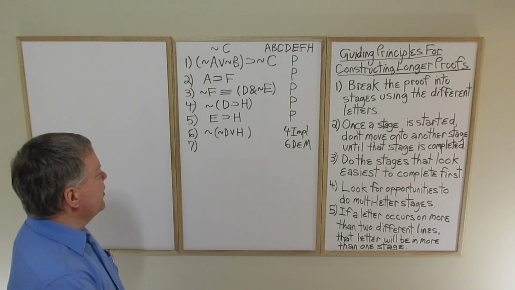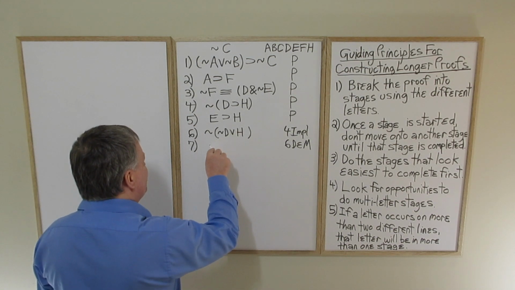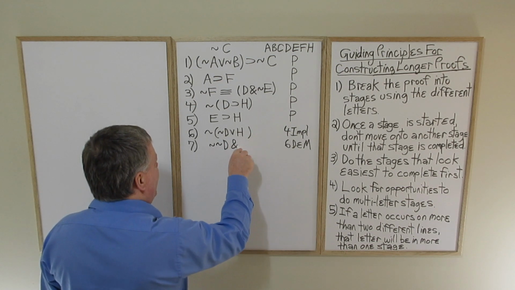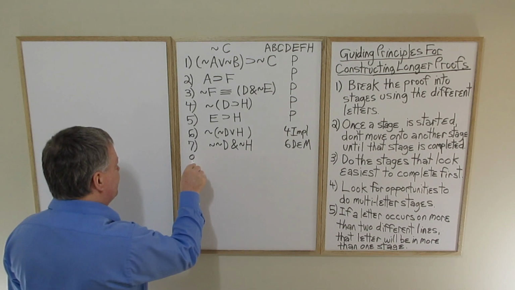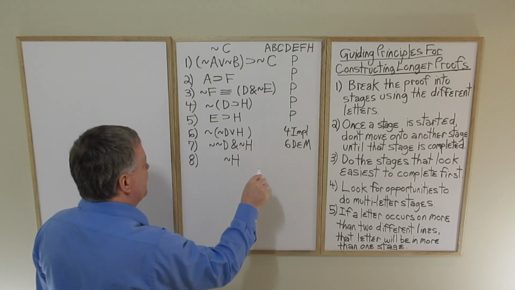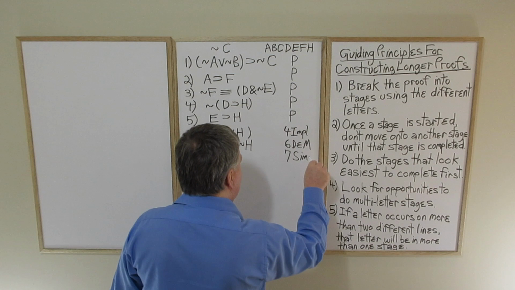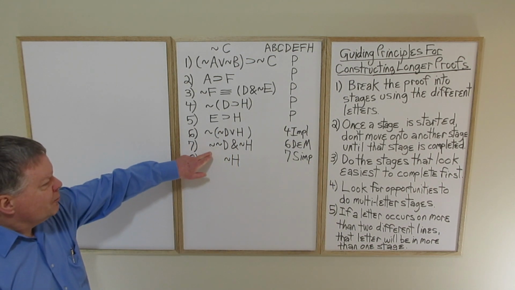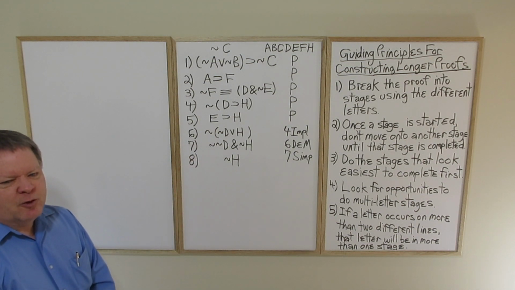Then we do a De Morgan's on line 6, which is now a negated disjunction, to get tilde tilde D and tilde H. We'll snap off tilde H with 7 simplification. Here, you might decide to also snap off the D-related information.